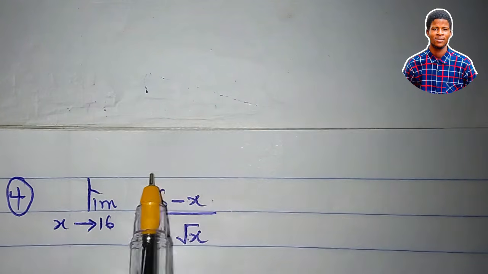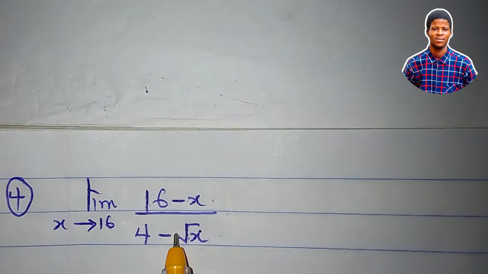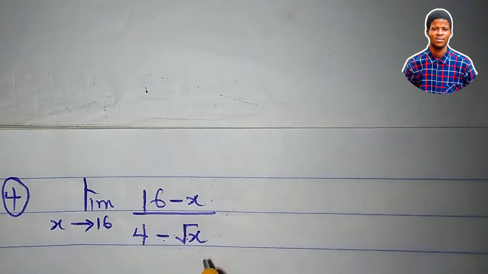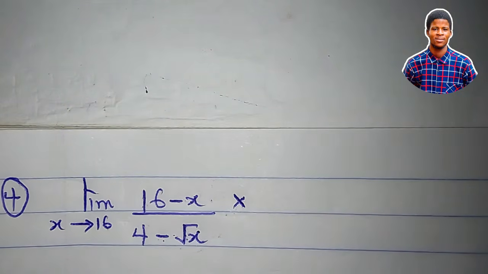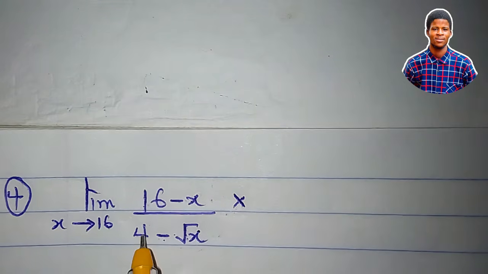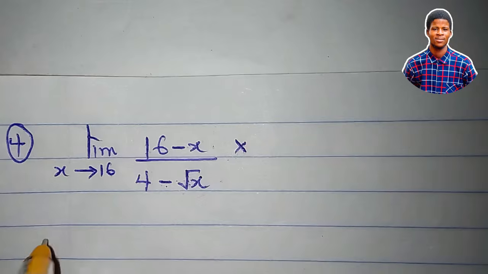Now, this expression is a surd. We can actually rationalize the denominator of this surd by multiplying both numerator and denominator by the conjugate of this denominator. This is what I'm talking about.